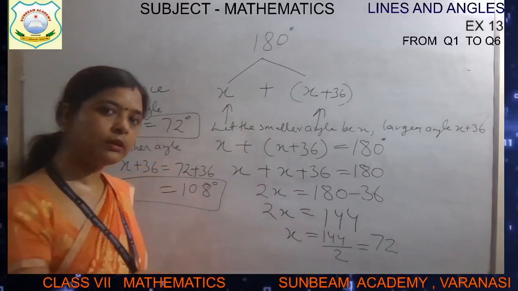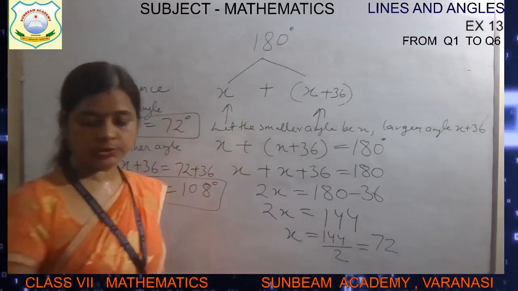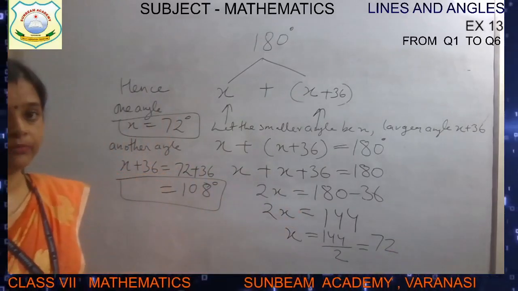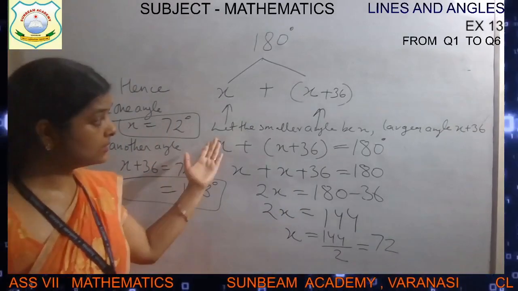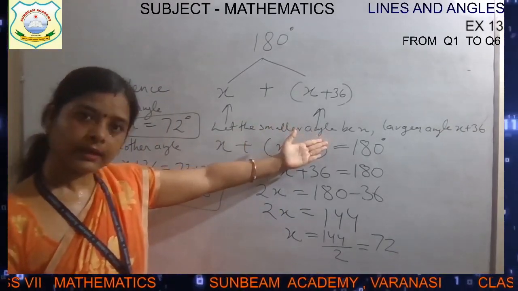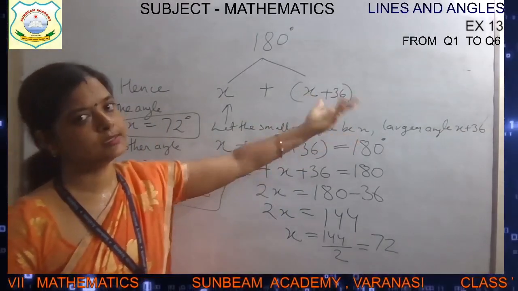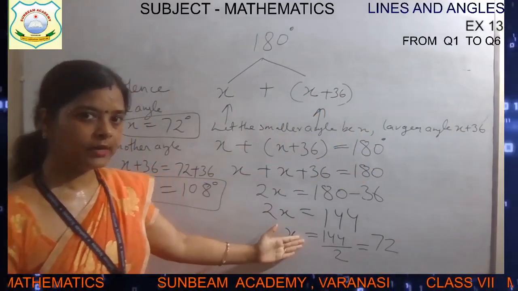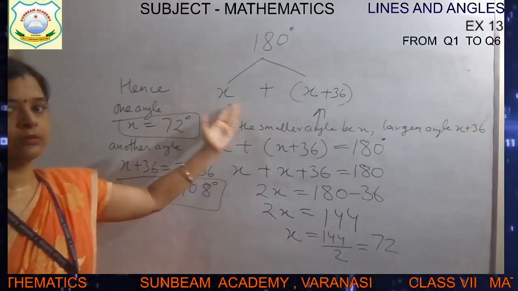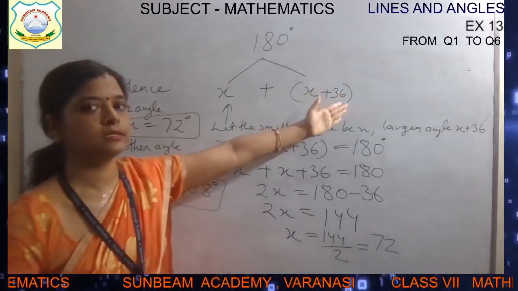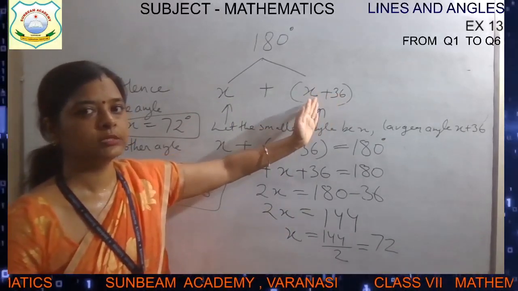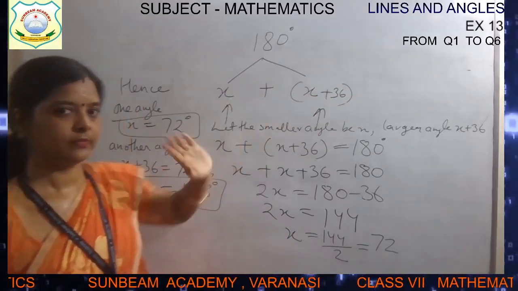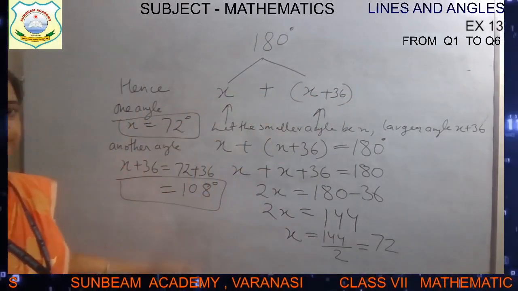So before starting you have to assume it. You have to write it in statement form. We have chosen, let the smaller angle be x, and the larger angle is 36 more. Add them to get 180 degrees. Find the value of x. x is how much? 72, and x plus 36 is how much? 72 plus 36. That is 108.